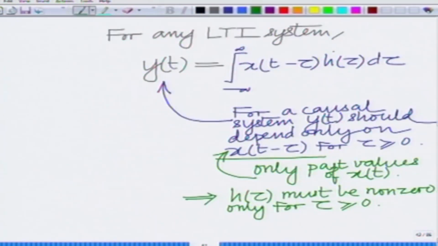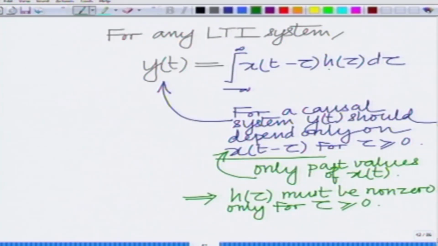Because if h of tau is non-zero for tau less than 0, then this integral will also pick up negative values of tau, that is x of t minus tau, where tau is negative, which is a future value of the signal x of t.